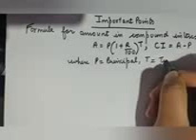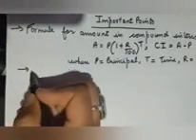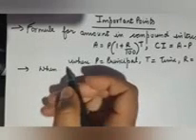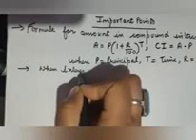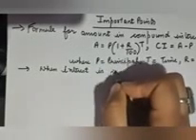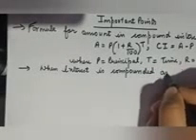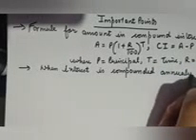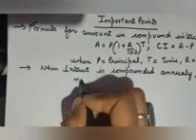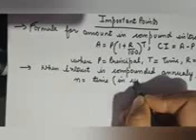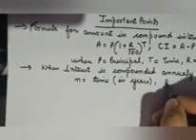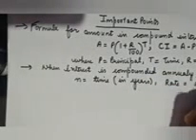After this, part number 2. What is part number 2? When interest is compounded annually, n is equal to time, always in years, and rate is R% annually.